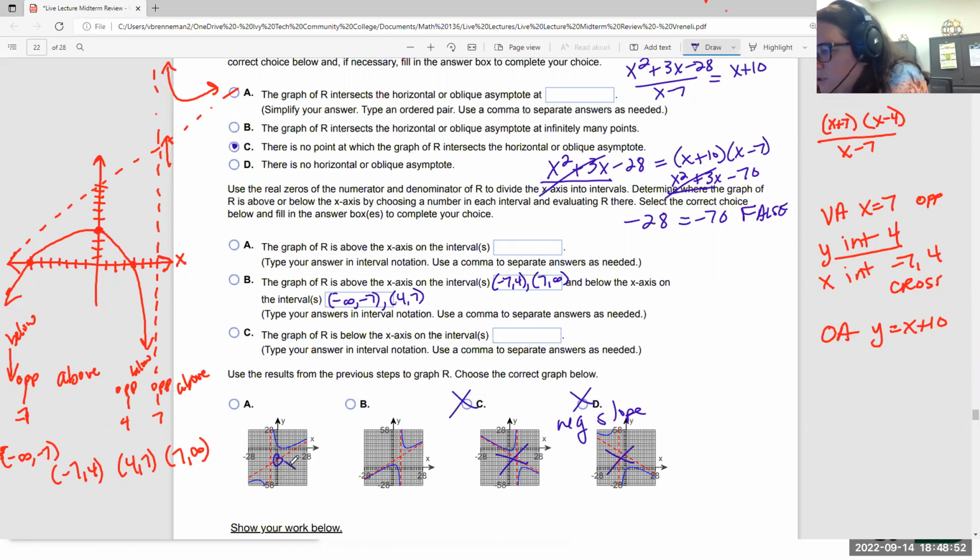So that eliminates this one. You can also tell here the intercepts are wrong. It looks like the x-intercepts are all to the right. And then looking at this one, it seems like there are the two x-intercepts that should be in the correct arrangement with the intercepts and the asymptotes. And so that would be the correct graph.